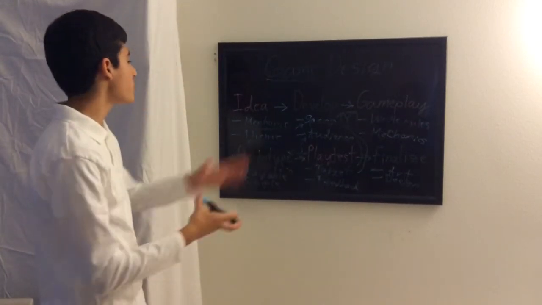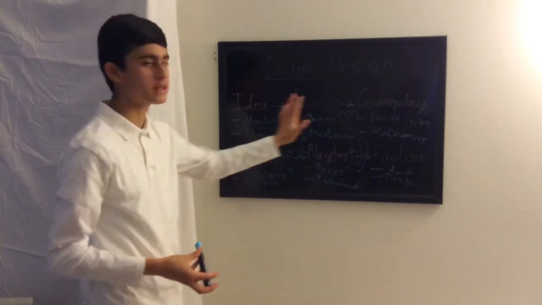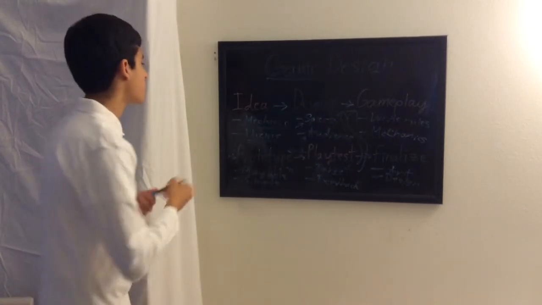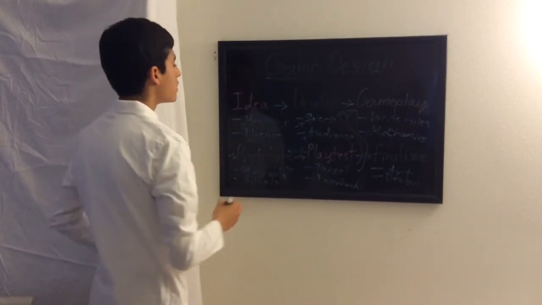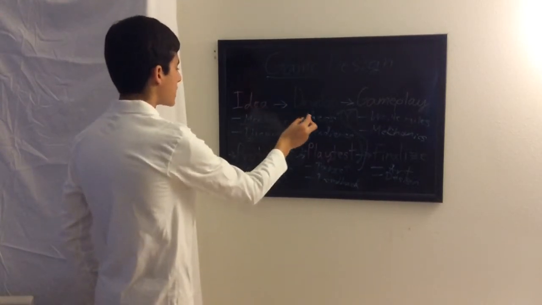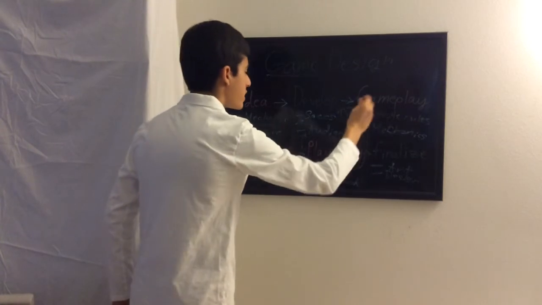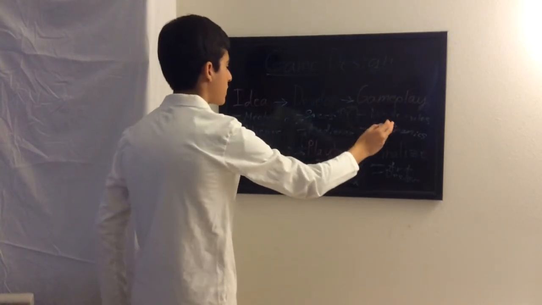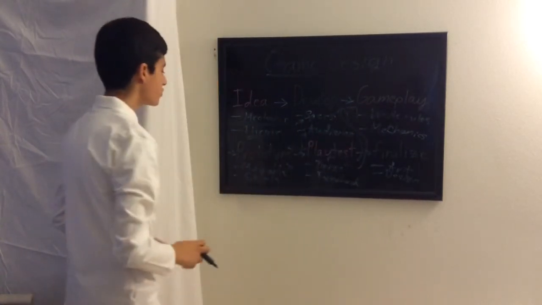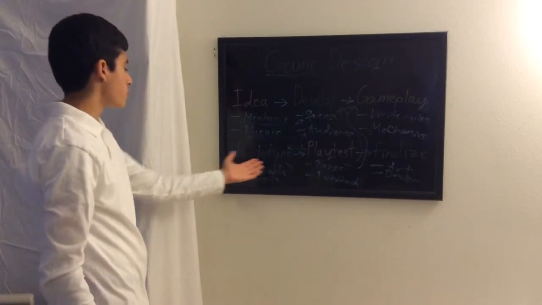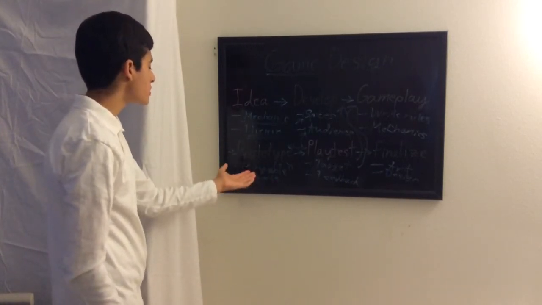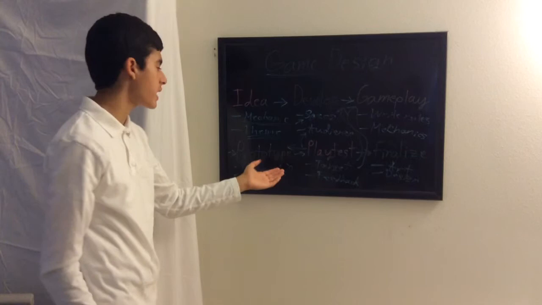So just to recap these steps, I know this is kind of a long process, but you start with an idea. You develop the idea, make it more specific. You create your gameplay, including mechanics, writing some basic rules. You prototype, you create a playable, simple version of your game.